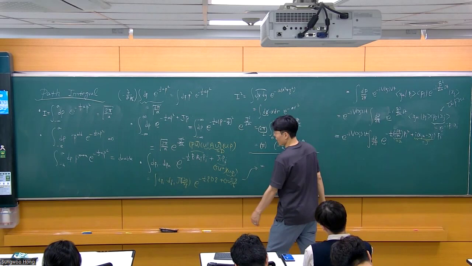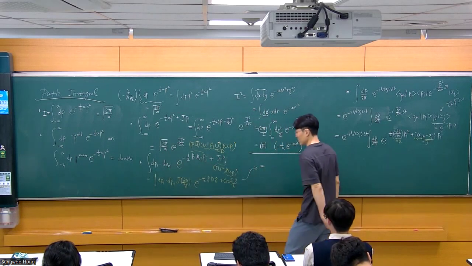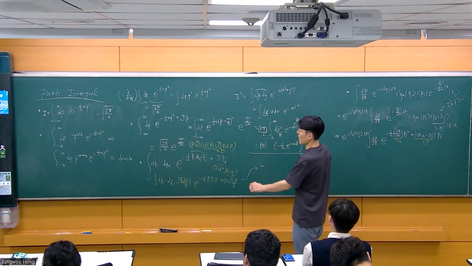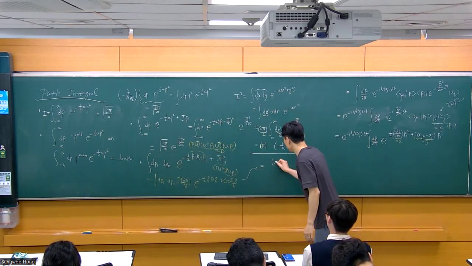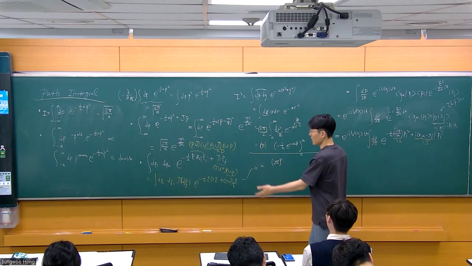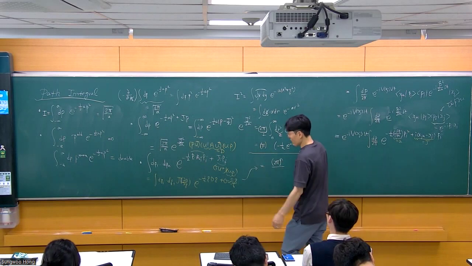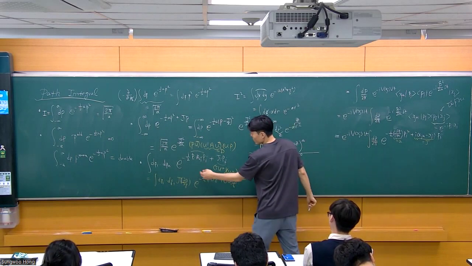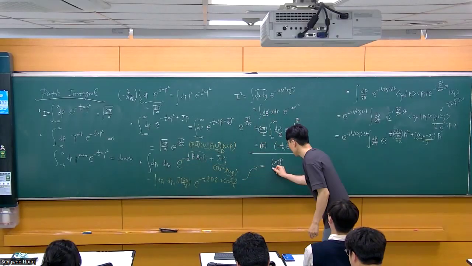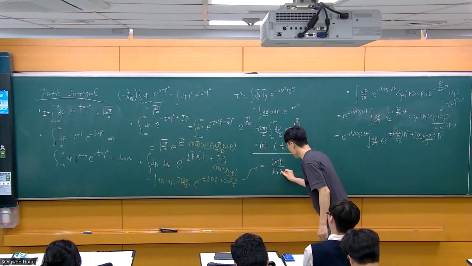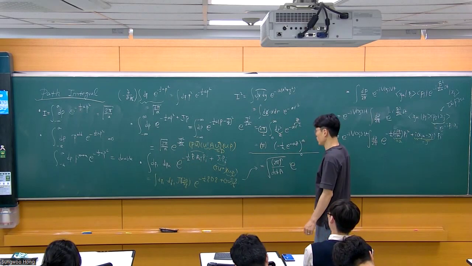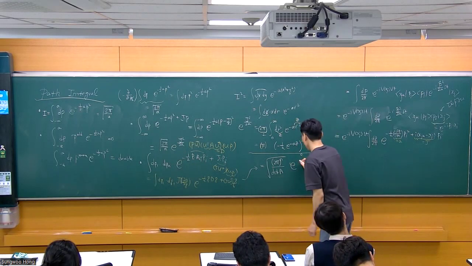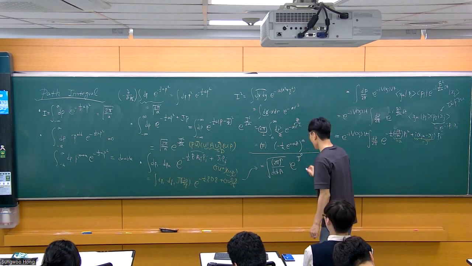So if I think about an n by n matrix, this is n, then this should be n vectors of this stuff. Then I can write it as 2 pi to the n, because I'm going to have n vectors of that. And then this will be the product of all the eigenvalues, which is nothing but the determinant of the A matrix, and then I have this J. So that's J, what did I say?